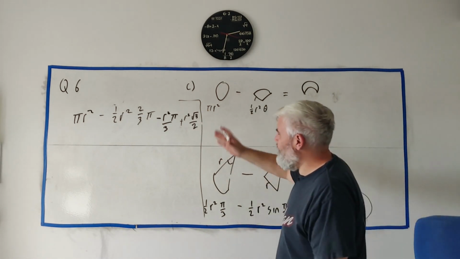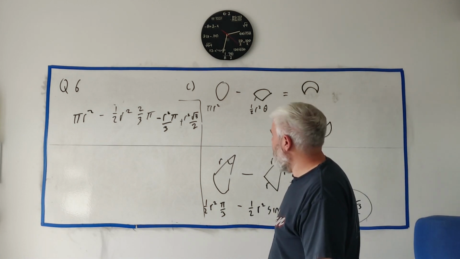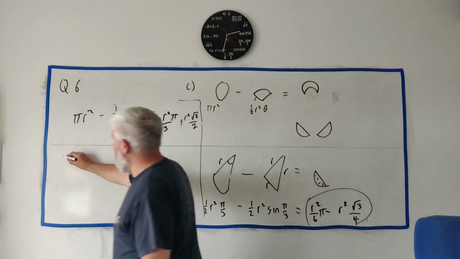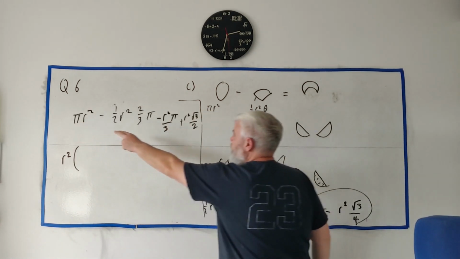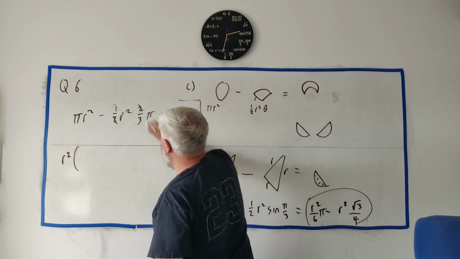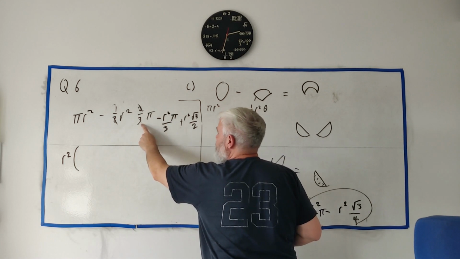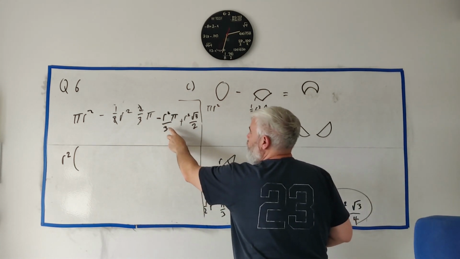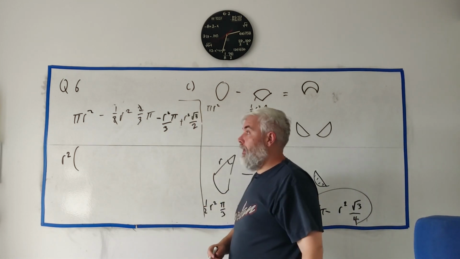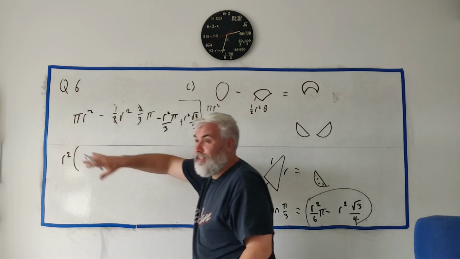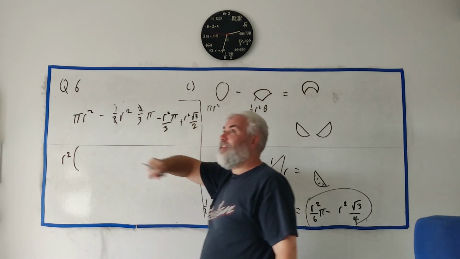It's a bit of a mess, but we can clean a lot of this up. Lots of things have r squared and pi. In fact, everything has r squared. Take r squared outside. Let's see all the pi's. We have pi here. We have these 2's cancel. We have r squared out already. We have minus pi over 3, minus another pi over 3. So that's pi minus 2 over 3 pi.